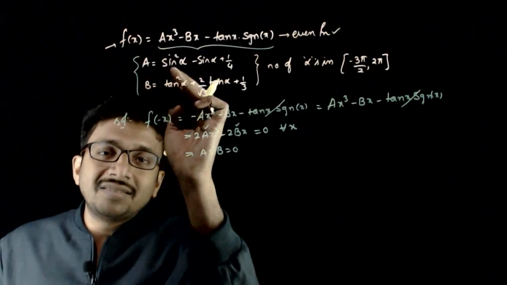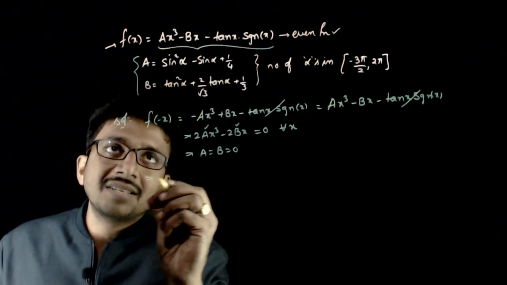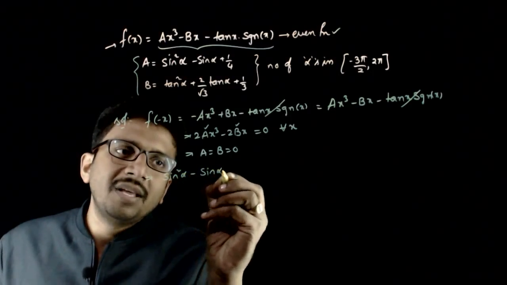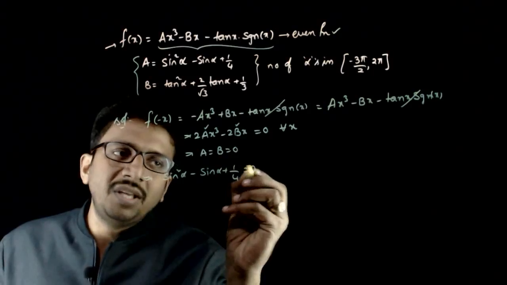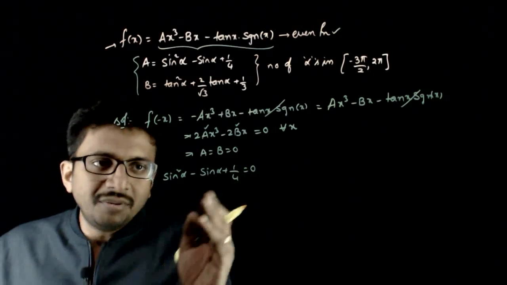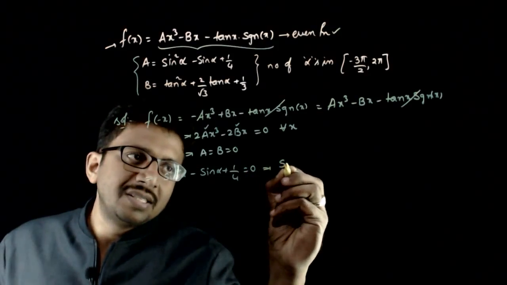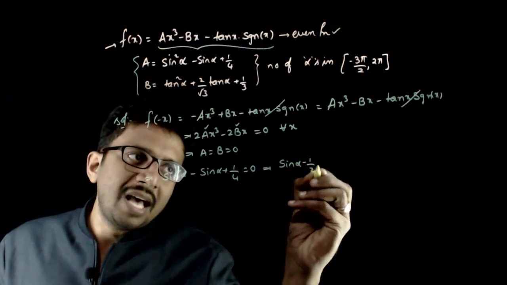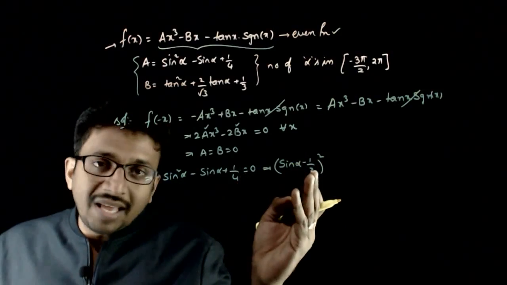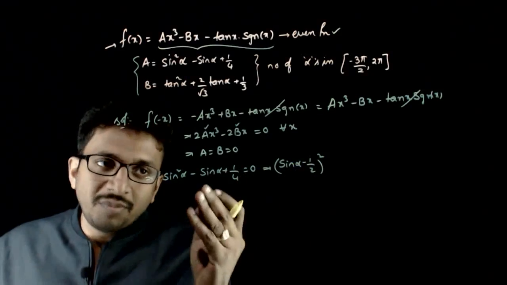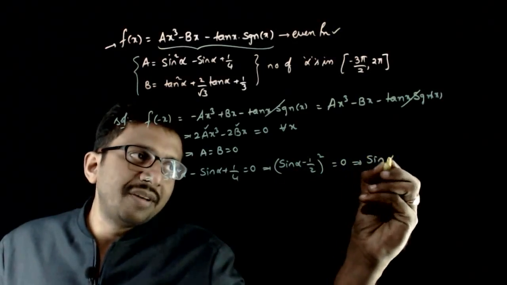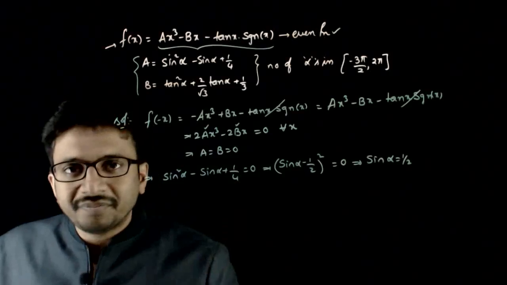Now let us use it in the second equation. So a is given as this, b is given as this. This implies sin square alpha minus sin alpha plus 1 by 4 has to be equal to 0. This is nothing but sin alpha minus half whole square, since a square plus b square minus 2ab is this. So this is equal to 0. This implies sin alpha has to be equal to 1 by 2.